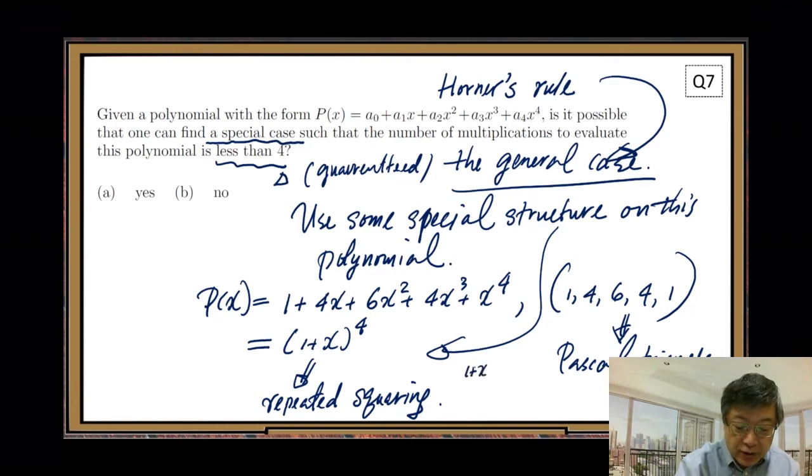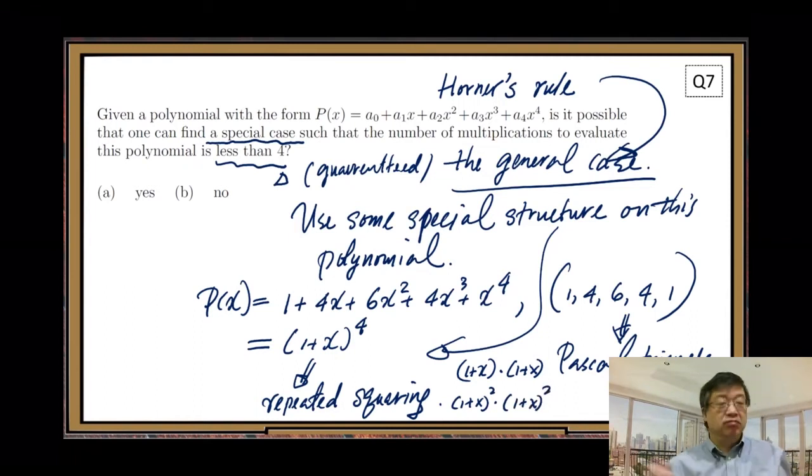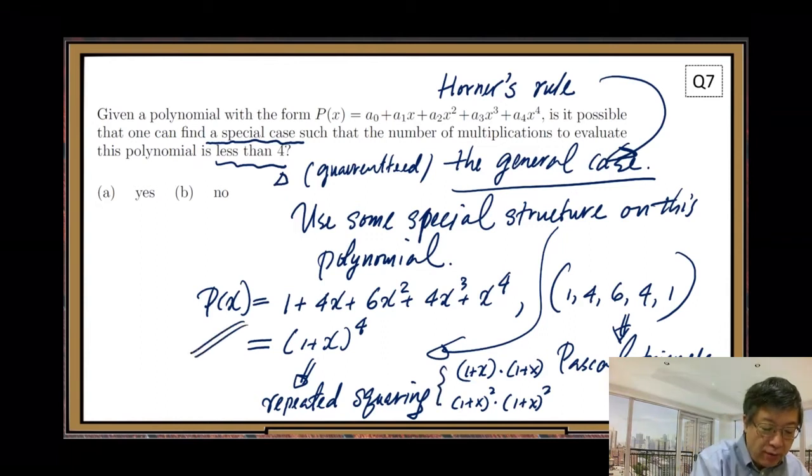1 plus x times 1 plus x, the first multiplication. Second, 1 plus x squared times itself, second multiplication. So that's the repeated squaring. You can see for this special polynomial, we only need 2 multiplications.